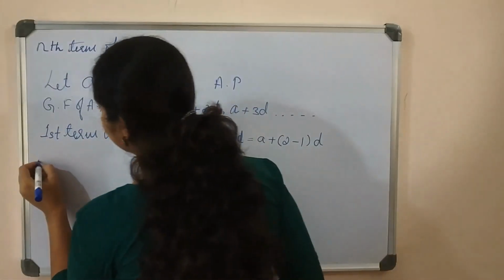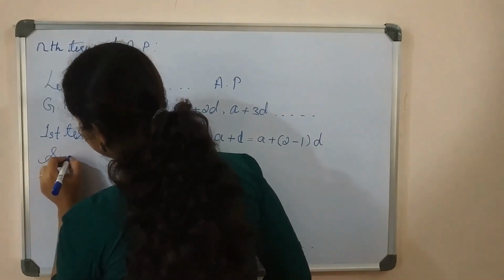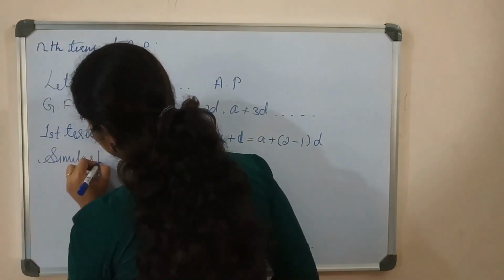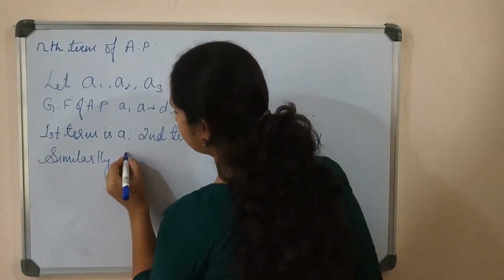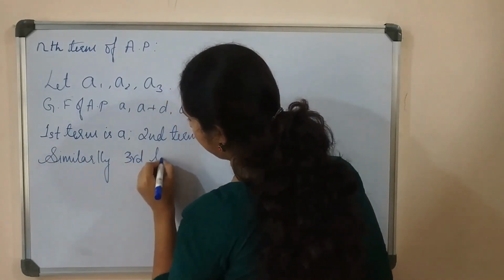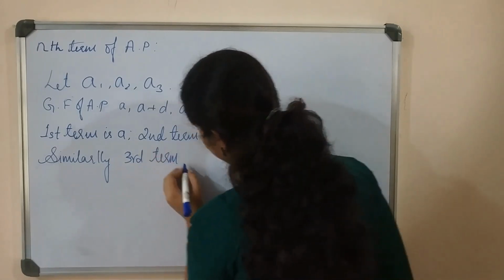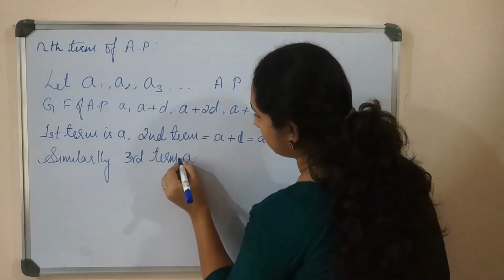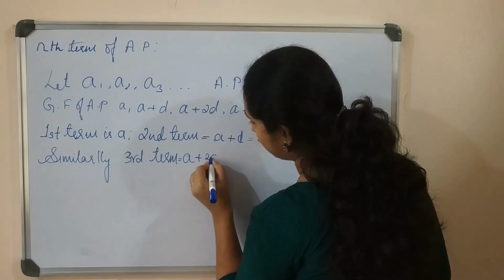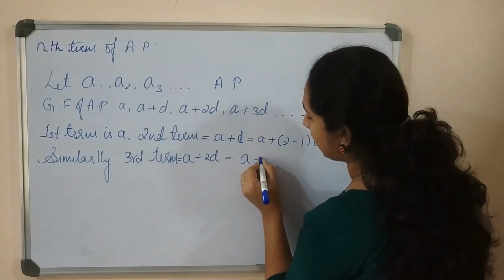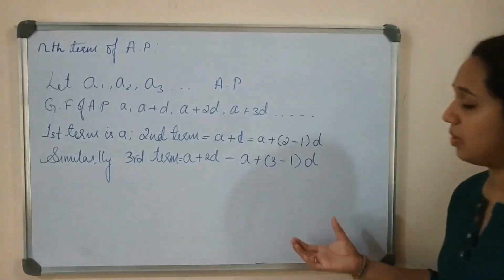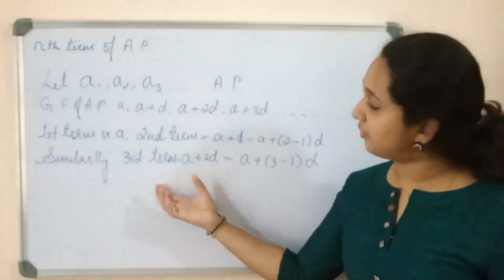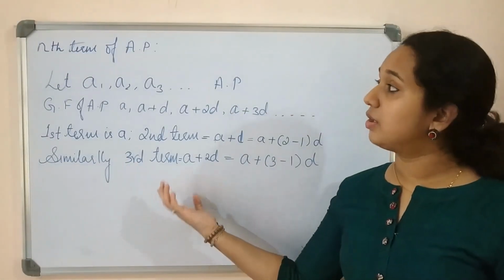Similarly, for the third term A plus 2D, which is nothing but A plus 3 minus 1 into D. So like this, I can keep on writing for the fourth term, fifth term, and so on.